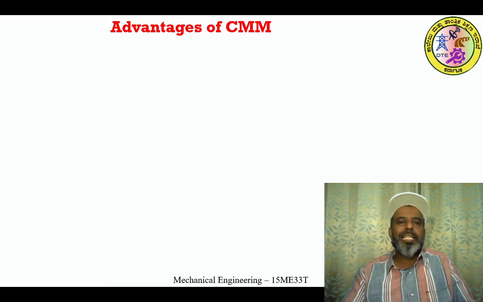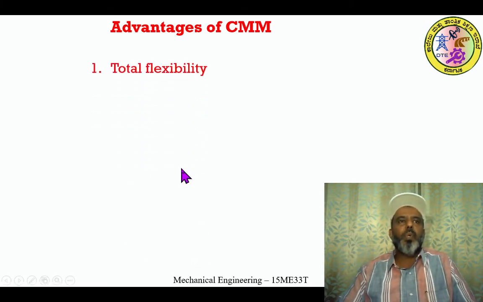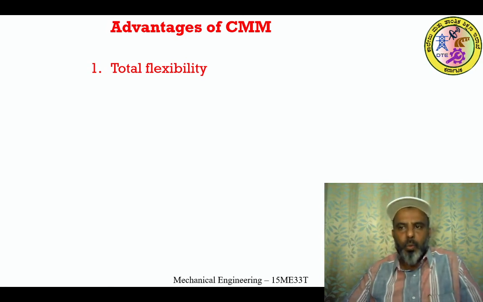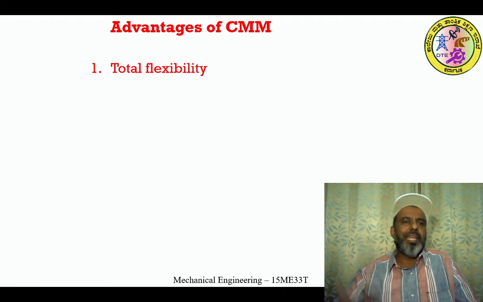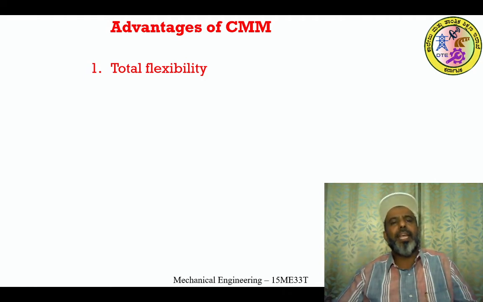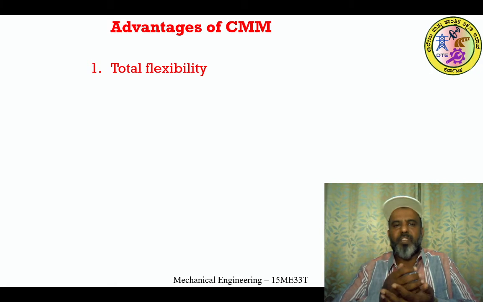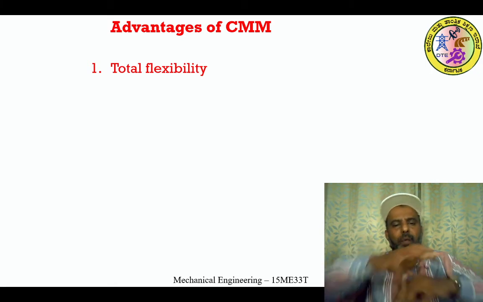Now let us discuss the advantages of CMM. The first one is total flexibility. As the name indicates, flexibility, as already told, this can be employed for the measurement of either a cam, or a gear, or a warp surface. Warp surface means it may have any profile.